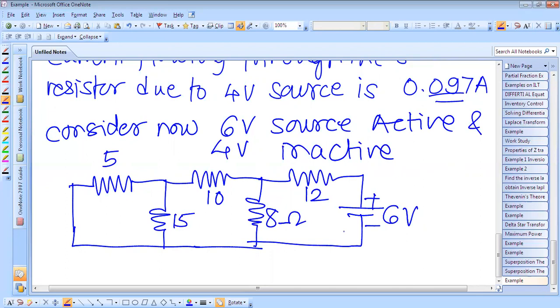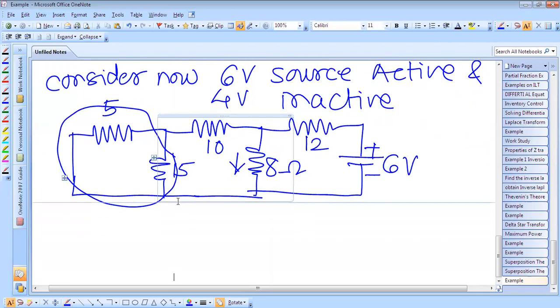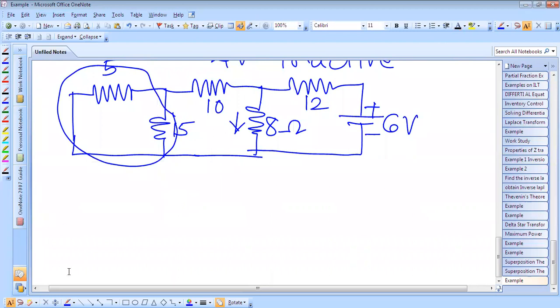Now we have to find the current flowing through this 8 ohm resistor because of this 6 volt voltage source. Now these two are in parallel, so we'll find the equivalent resistance of this.